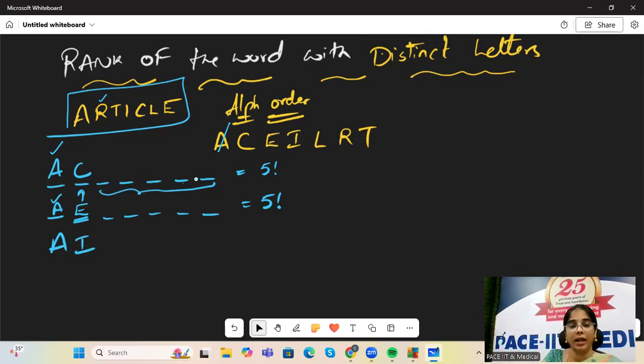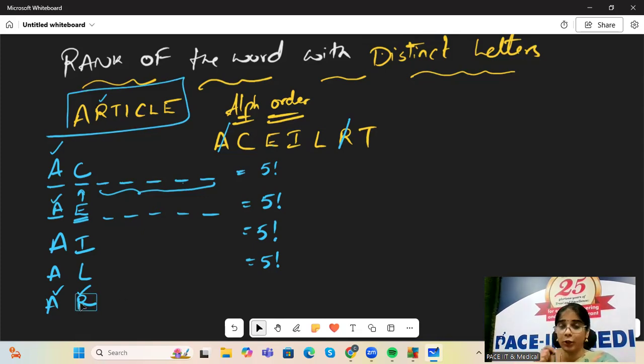So like that, I have to go till A with R. So here also I've got more 5 factorial. A with I also is done. A with L done now. That also 5 factorial. A with R comes now, right? So I completed A with C, with E, I, and L, which I don't want any of them. I want A, R. So fix on A and R. Remove your R from your further combinations there, right?